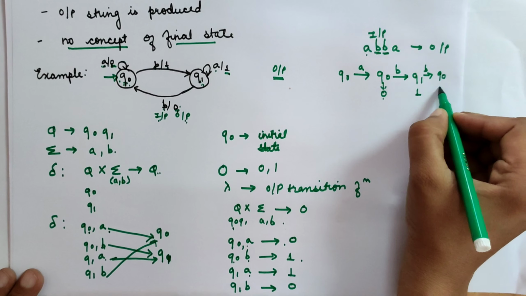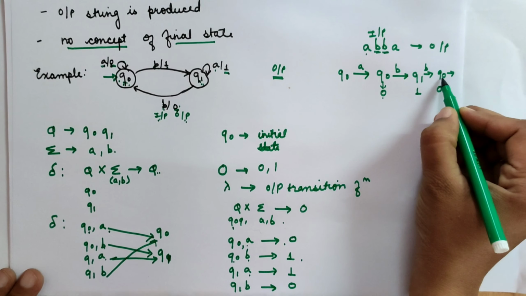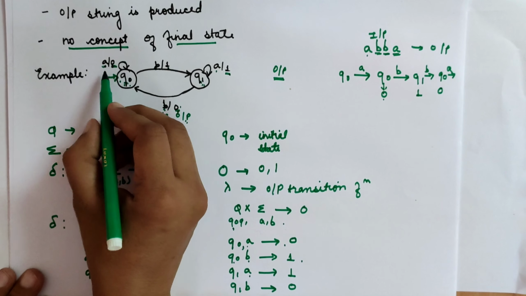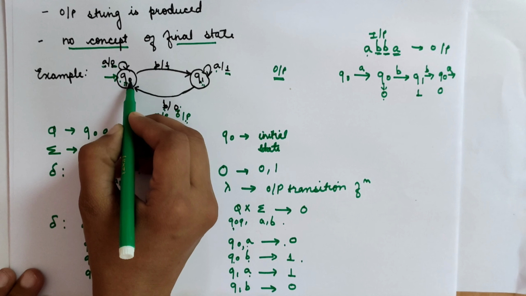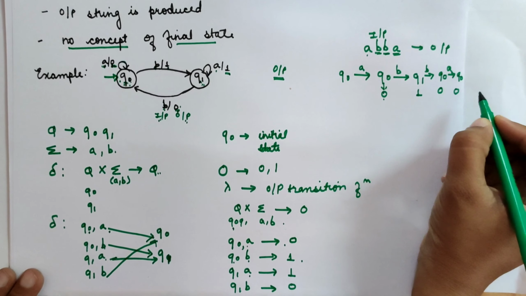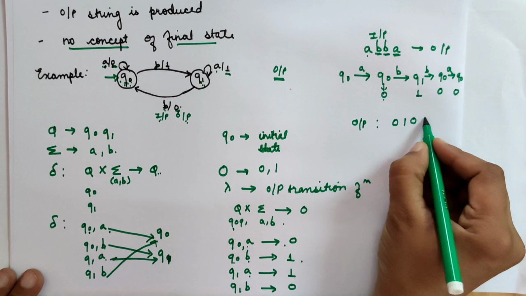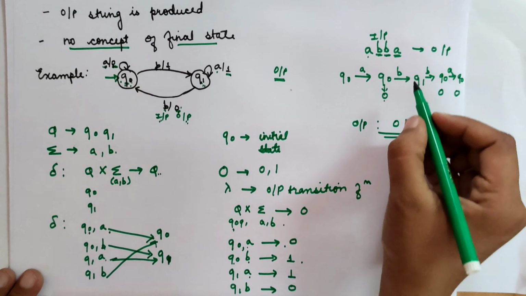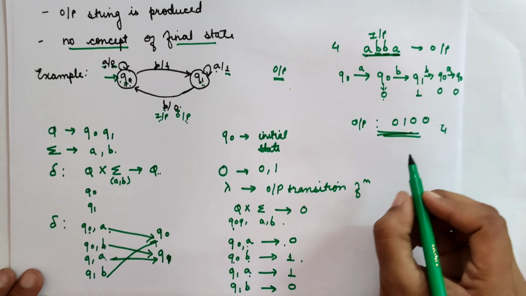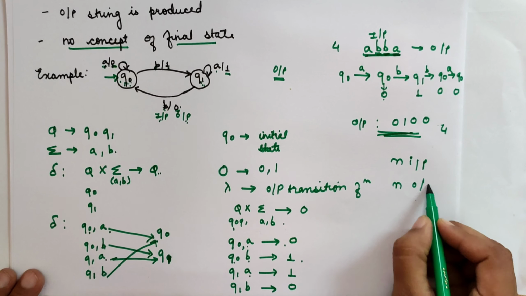Now next input is A. Q0 on input A is going to Q0 only and producing the output 0. So the output string produced is 0, 1, 0, 0. You can see the length of the input string was 4 and the output length produced is also 4. So if we provide an input, we can produce an output string.